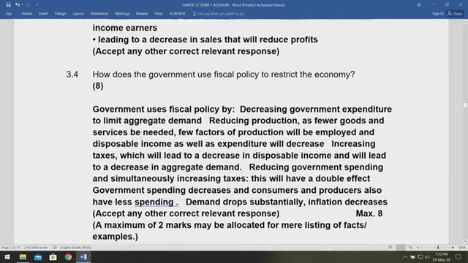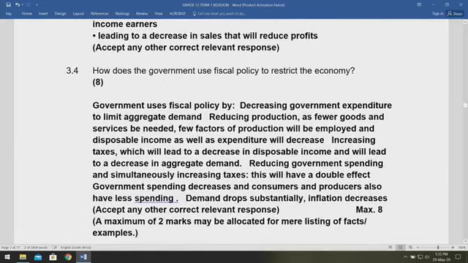Right, 3.5. How does the government use fiscal policy to restrict the economy? Now, once again, we first need to look at, we're talking fiscal policy, and we said earlier on, when we're talking fiscal policy, you're talking government spending and you're talking taxation, right?